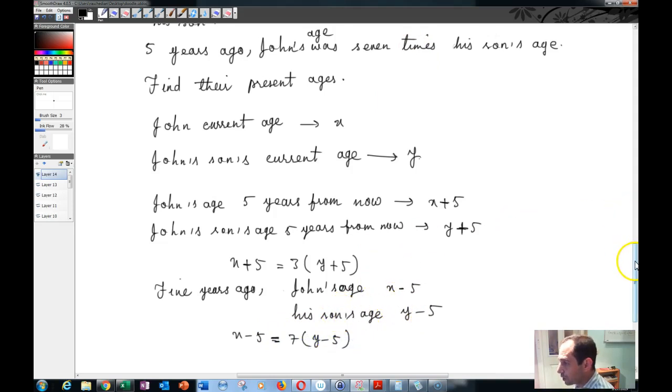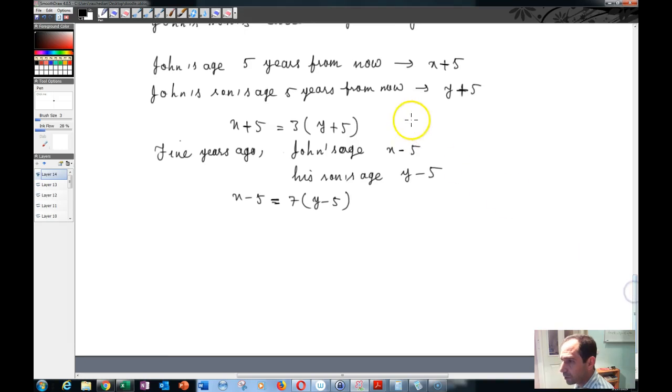Okay, so now I have these two equations, and I can write this as X plus 5 is equal to 3Y plus 15. So that means that X minus 3Y, and 15 goes to the other side, becomes negative 15 plus 5, is equal to negative 10, is equal to 0. I call this equation number 1.